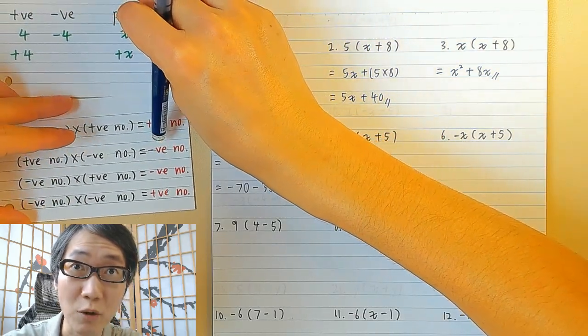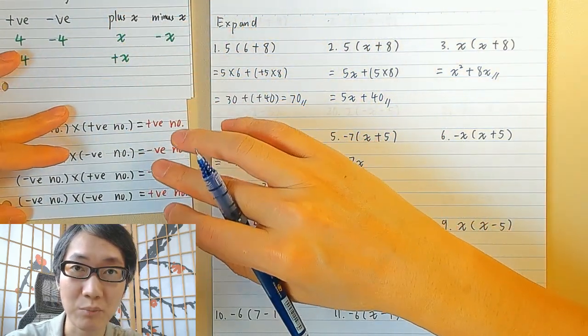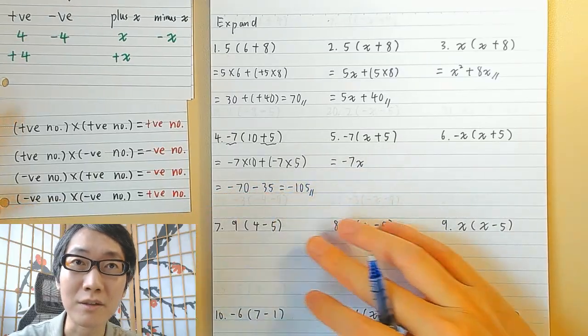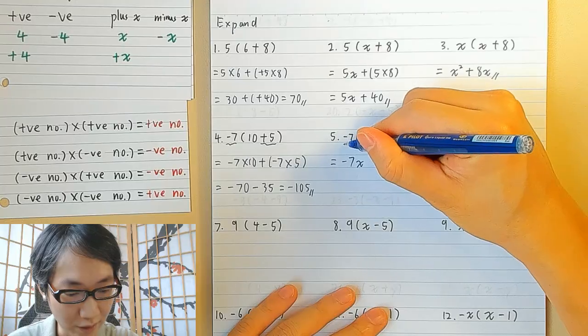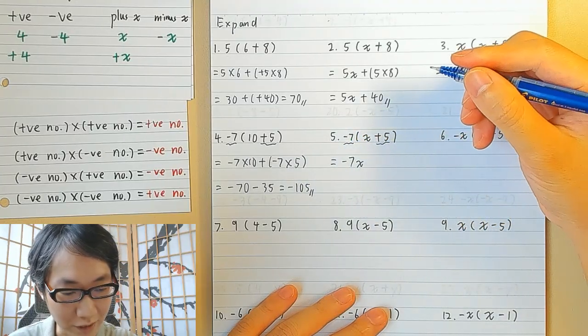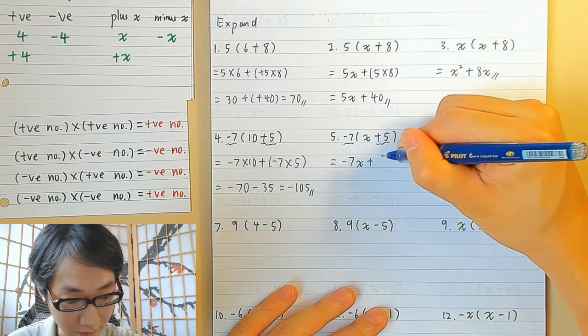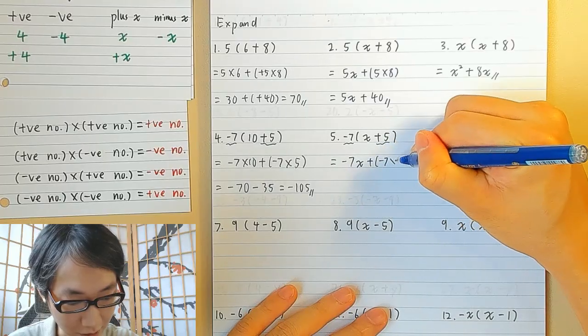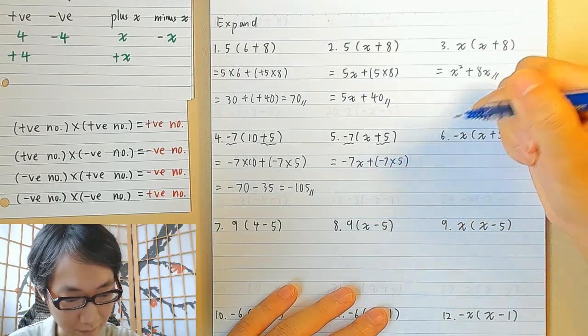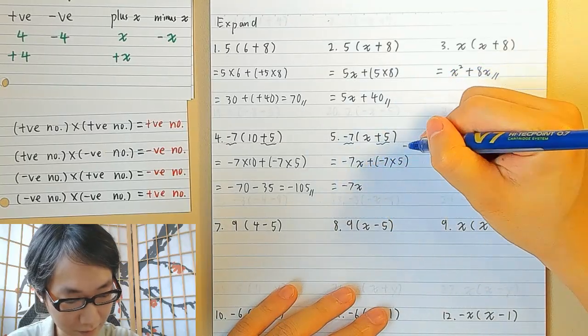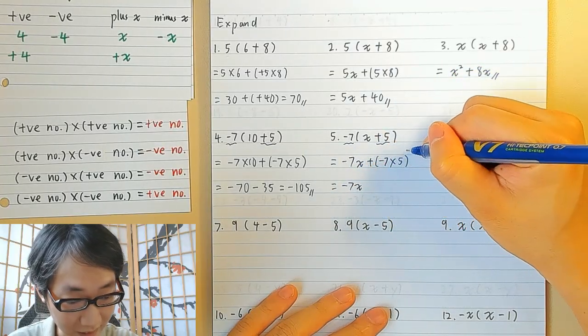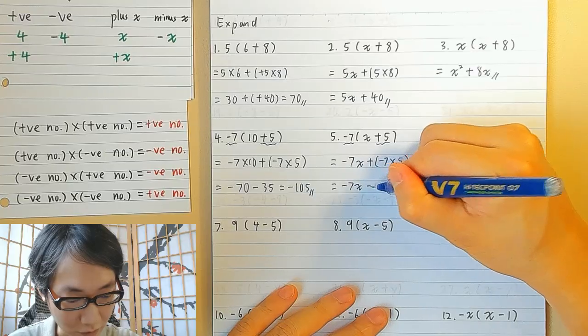So this negative or positive can also be regarded as plus or minus. The second term will be negative 7 times positive 5. So we have negative 7x plus negative 35, so negative 35.